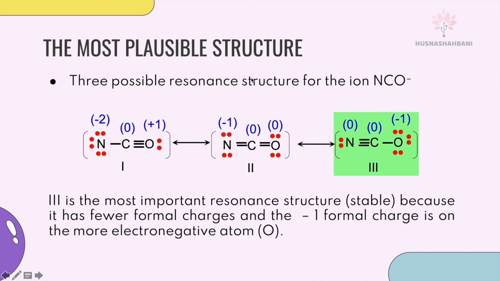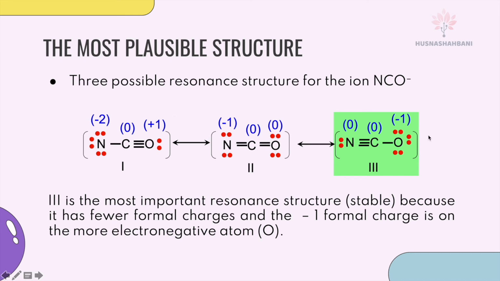3 possible resonance structures for NCO-. So this is our structure for NCO-. We have 3 possible resonance structures. Which one is the most plausible?